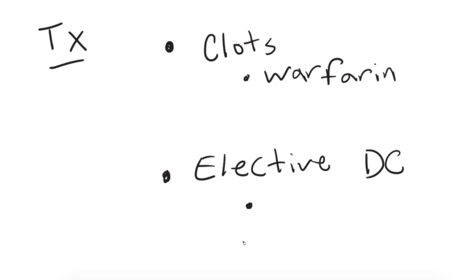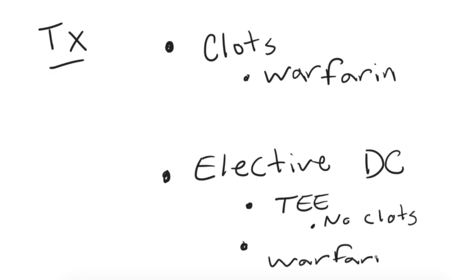And two things that must be done before you perform an elective direct current is, one, you want to perform a TEE, and that's your transesophageal echo, and that's to determine that there are no clots. And then, of course, you want to give the patient warfarin as empiric treatment.